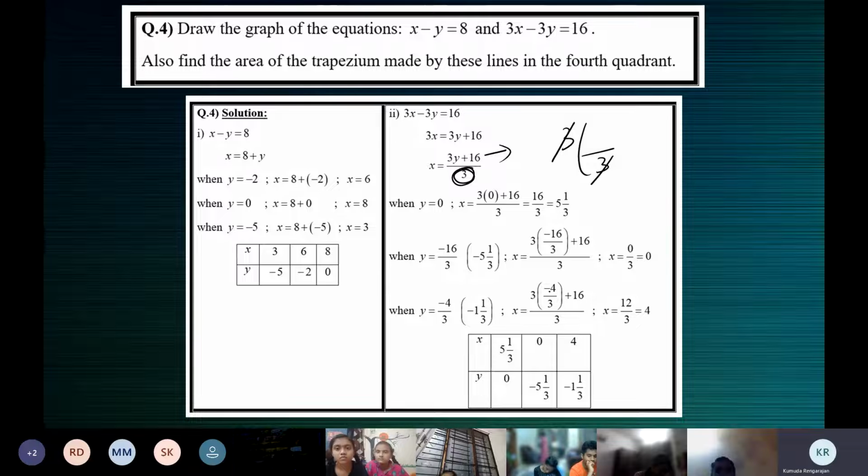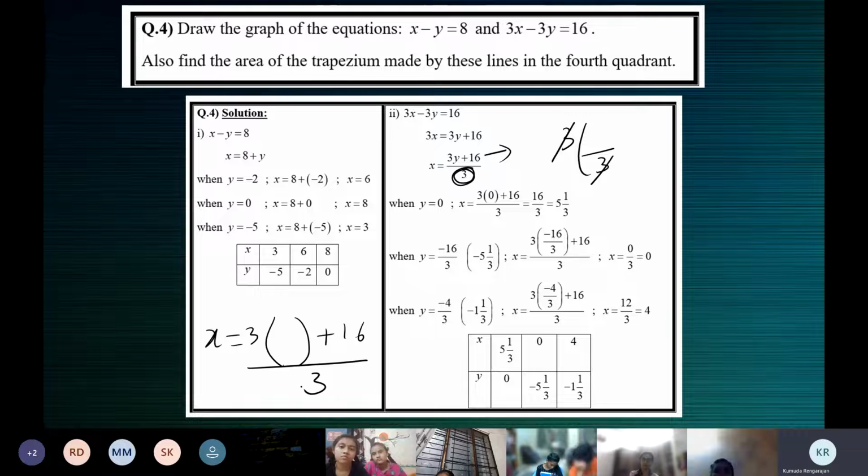Now 16 minus 4 is 12, right? And 12 by 3 is 4. Just watch this. You can just write it like this: x is equal to 3 into, I don't know what value I should give for y, plus 16 by 3. Now let me write by 3 here, so this and this will get cancelled.